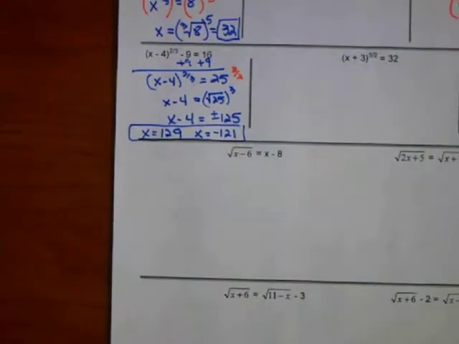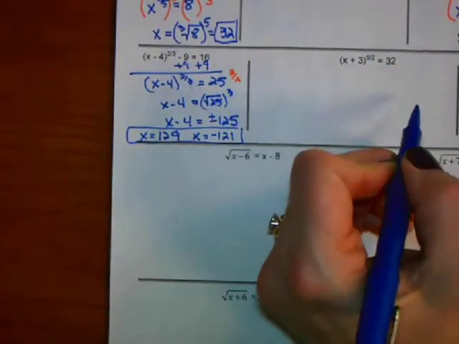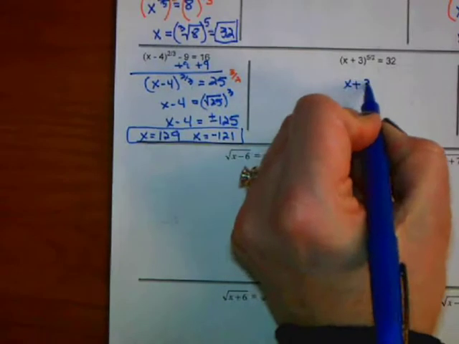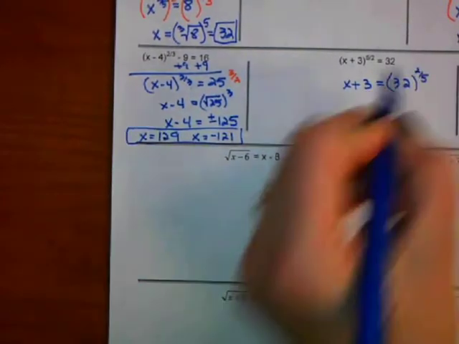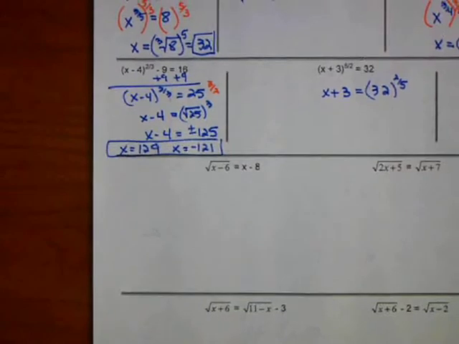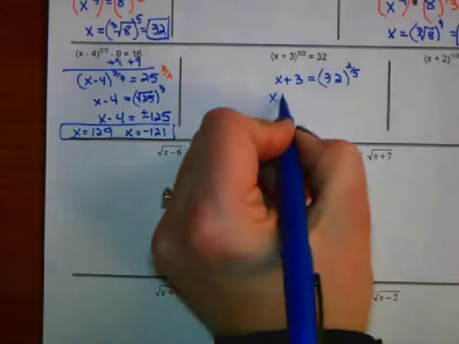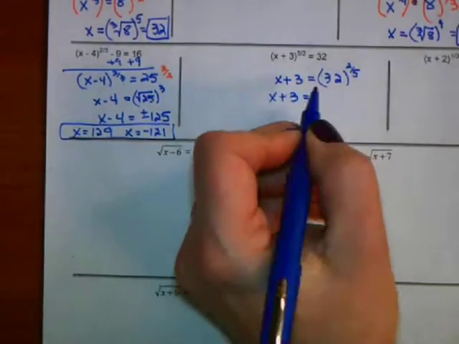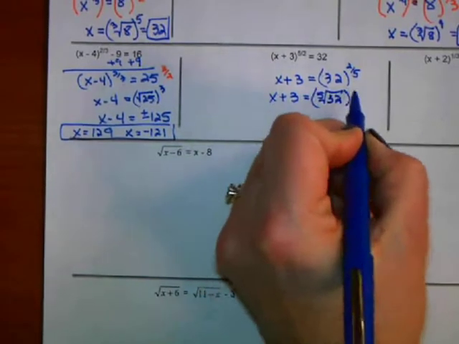Voila. Okay? This is really the same way as this. You multiply both sides by 2/5. I'm just going to write it out real quick. Y'all see how I got there? Okay. X plus 3 equals the 5th root of 32 squared.